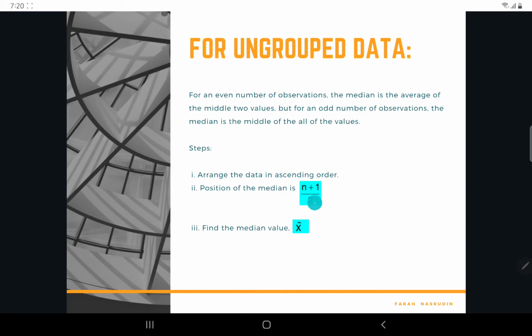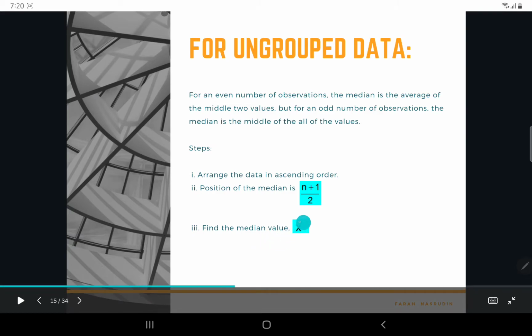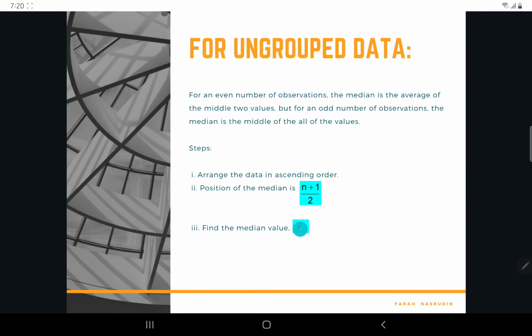Once you know the position of the median, this is the formula for the position of the median, then we find the median value. This is the symbol for the median.